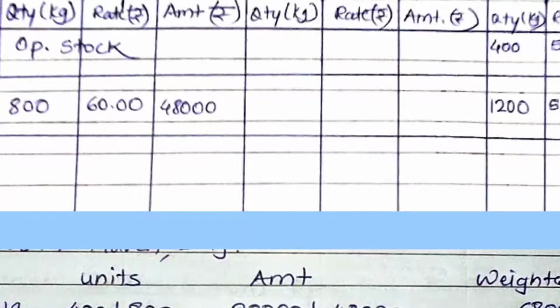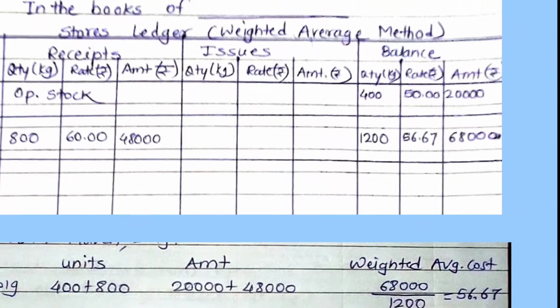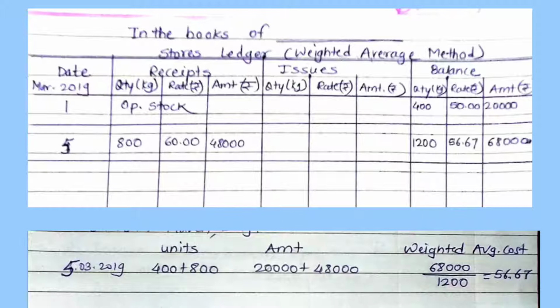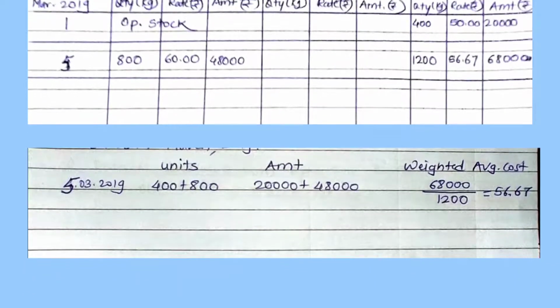Now we are using the weighted average method, so we are going to find out the rate per unit here. How to calculate this rate? First of all, we make the total of units, 400 plus 800, that is 1200. Then we calculate the total cost, that is 20,000 plus 48,000, which makes a total cost of 68,000 for these 1200 kgs.